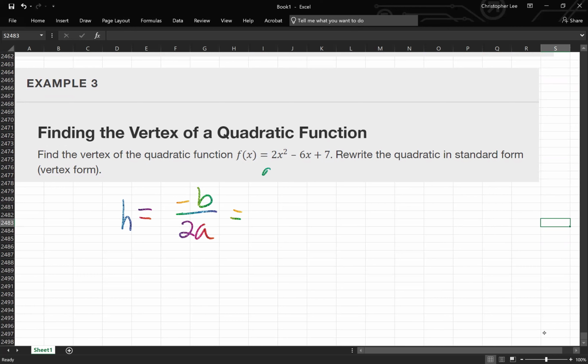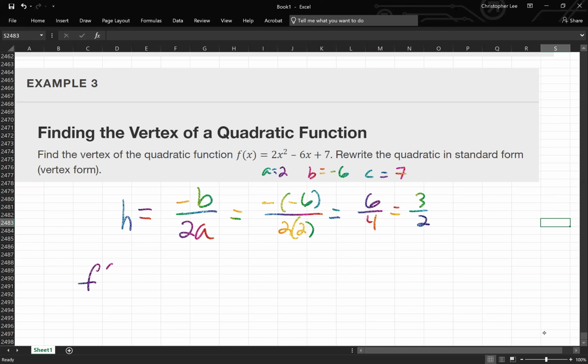And I know that a here is equal to 2, b is equal to negative 6, c is equal to 7, right? Just plug them in. So this is going to be negative of negative 6 over 2 times 2. Call that 6 over 4. This is going to be what? 3 over 2, right? That's my axis of symmetry. That's my h, right?